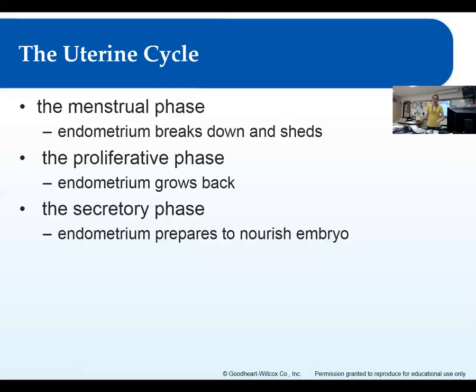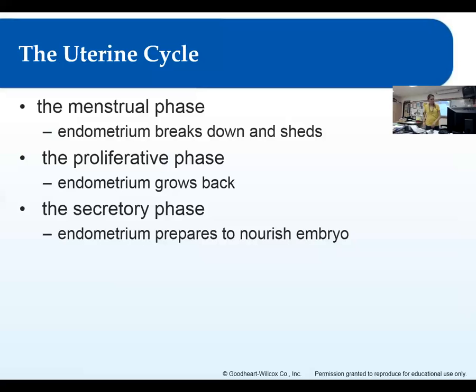That's the purpose of it. Now, if fertilization doesn't occur, then progesterone falls, and that's what causes the sloughing of the functional layer of the endometrium.